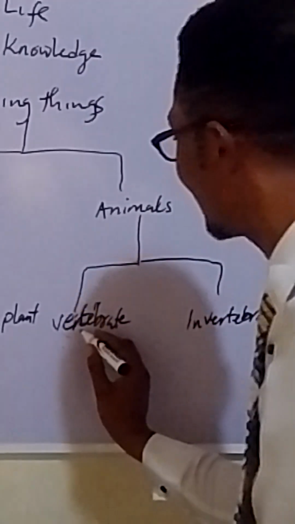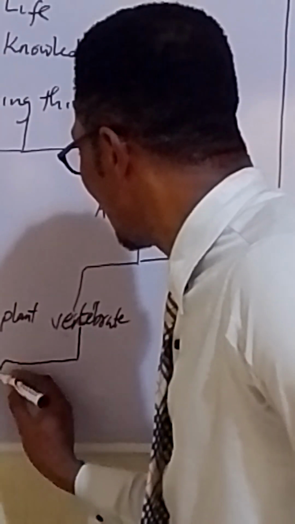Now, the vertebrates are classified into five.